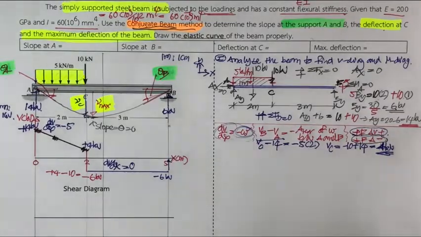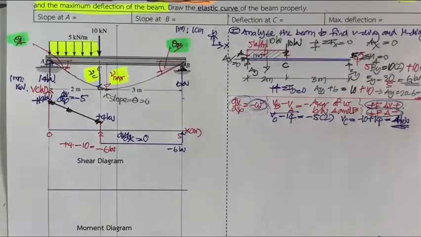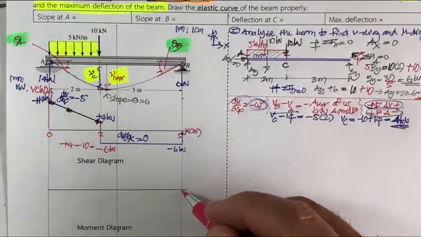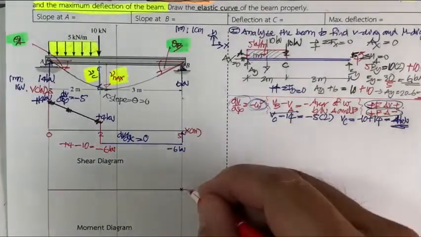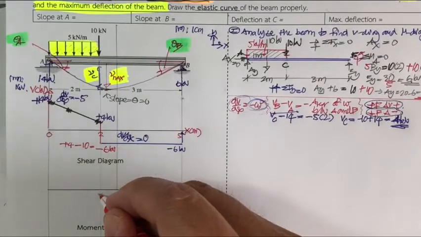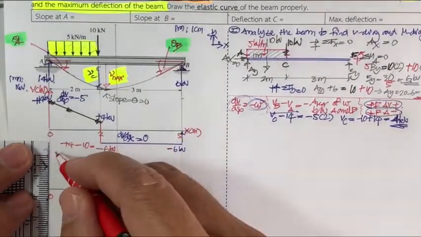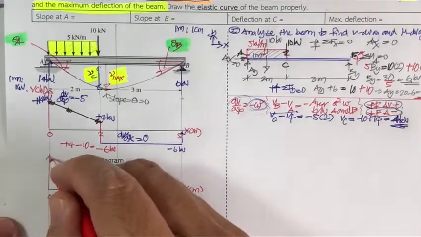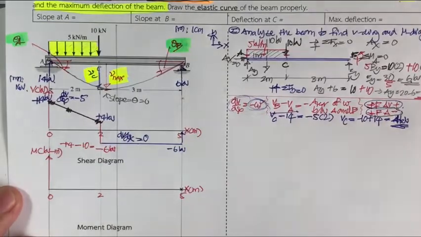And we don't use the shear diagram. We're going to draw another moment diagram, because the moment diagram is going to be the basis for our elastic curve. Okay, we have this for x in meters again. This is going to be 5, and this is 2, this is 0, and then we have this as the moment M in kilonewton meter.